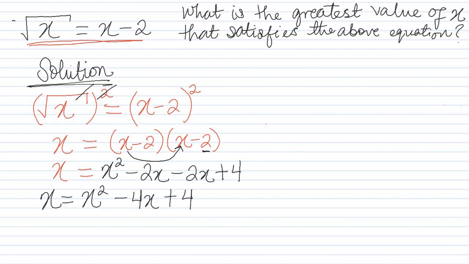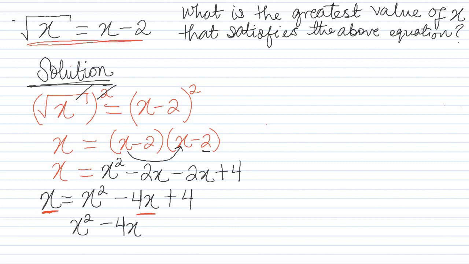But our simplification is not done, because we can see that we have an x on the left hand side and you have a -4x. The x and the x here have the same power, hence we can solve further. So what you end up with is x squared minus 4x.